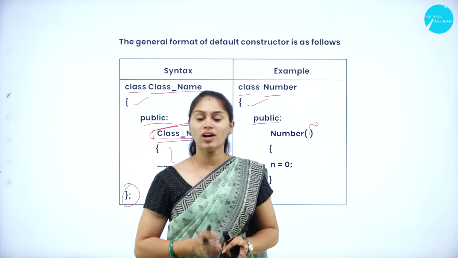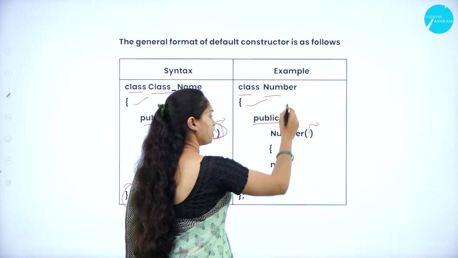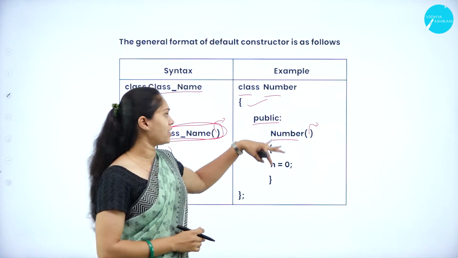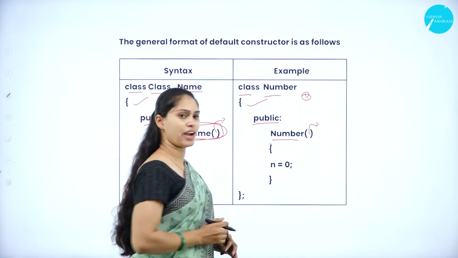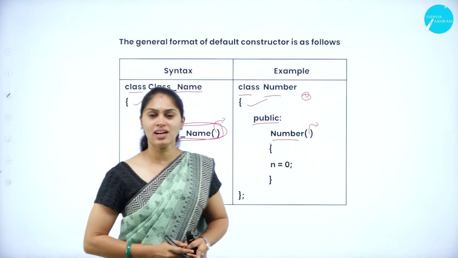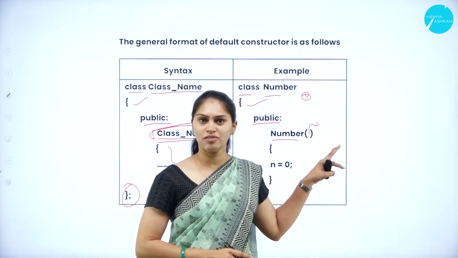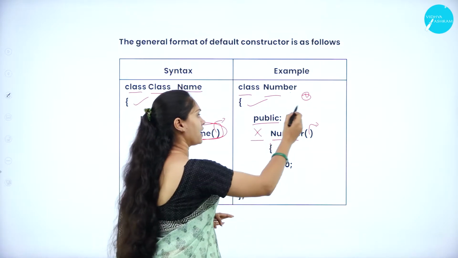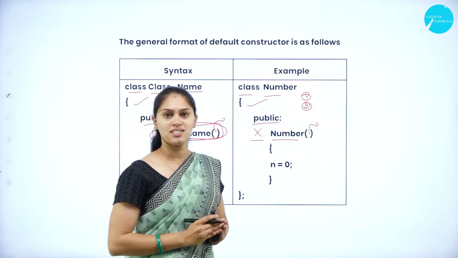You have to check whether it has the same name as the class. The member function name here is Number, and the class name is also Number, so the first condition gets satisfied. Does it include any return type while declaring the function? No, it has no return type here, so I satisfy another rule of writing a constructor function.